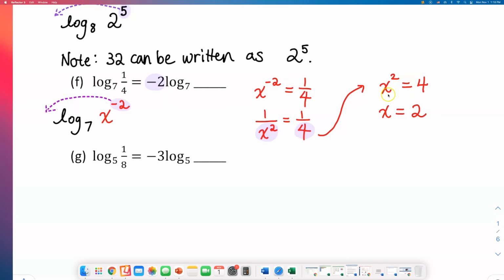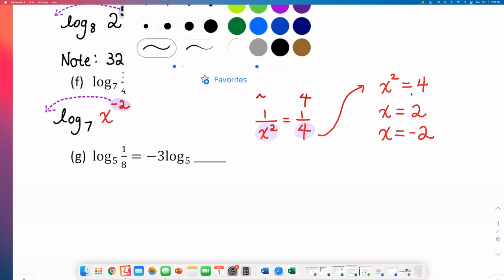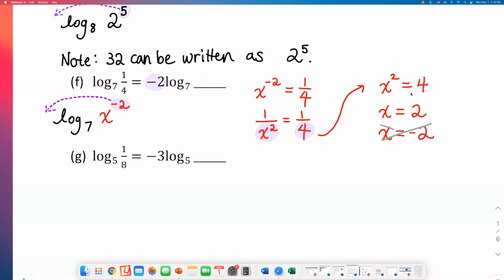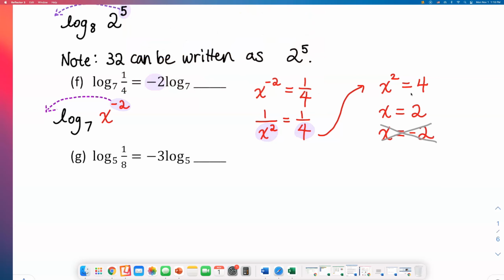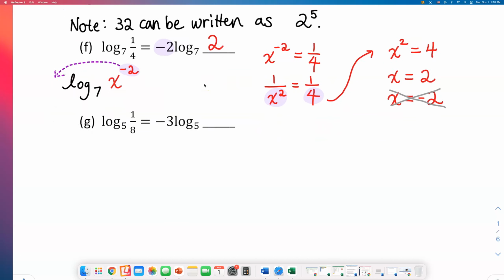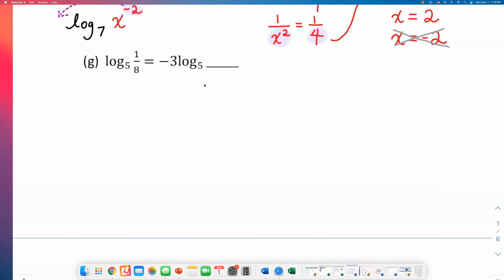So even though technically if you solve this equation, you get x equals negative 2 and positive 2, unfortunately negative 2 is not the solution because we're solving a log equation, and the argument of a log has to be positive, and it should not be negative or 0. So the answer is 2 here. x is 2. All right, let's try another one very similar, and this will be the last one.